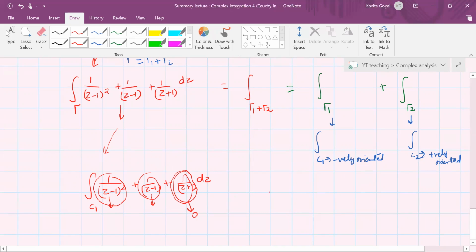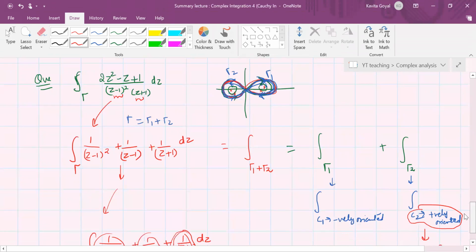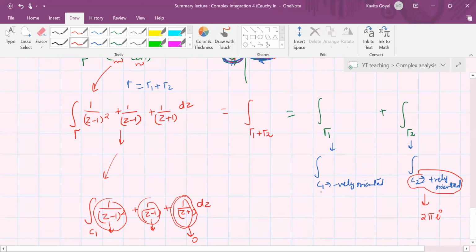Is that okay, Minal? Because C2 is a circle with center minus 1 and positively oriented, you will get just 2 pi iota. And C1 is negatively oriented, with center 1, so this one will be 0 and this will give you a value. Now you have to tell me how much the value is. So this particular integral will be minus 2 pi iota.